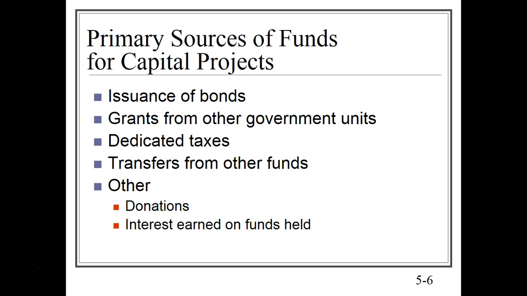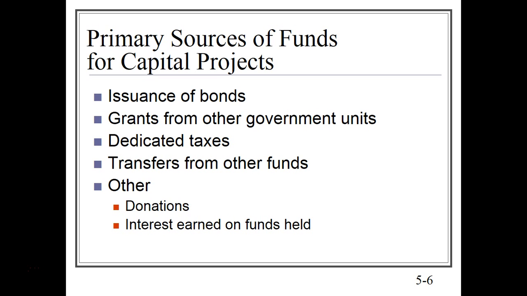So, the primary sources of funds for capital projects, you can say, include the issuance of bonds. Sometimes the government may issue bonds at a very low rate and just try to gain resources because of that.